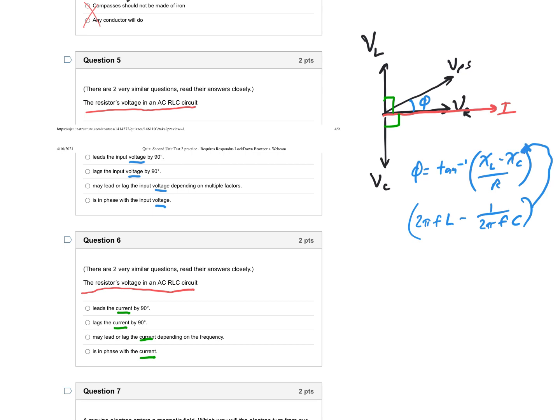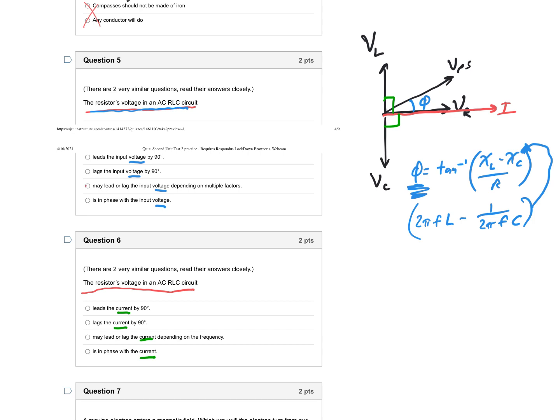Okay. So, the resistor's voltage in an AC RLC circuit leads the input voltage by 90 degrees? No. It's at some angle phi. Lags the input voltage by 90 degrees? No. May lead or lag the input voltage depending on multiple factors?